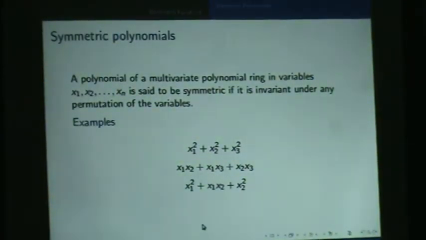These are polynomials in x1 through x3 that are symmetric, and if you swap any two of the variables, you get the same thing back. The first one is a sum of the squares of the individual variables. This one you get by taking a sum over all subsets of size 2 of the variables. And this one you get by taking a sum of all the monomials of degree 2 in the variables.